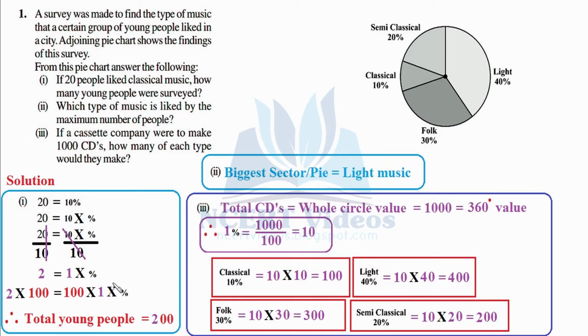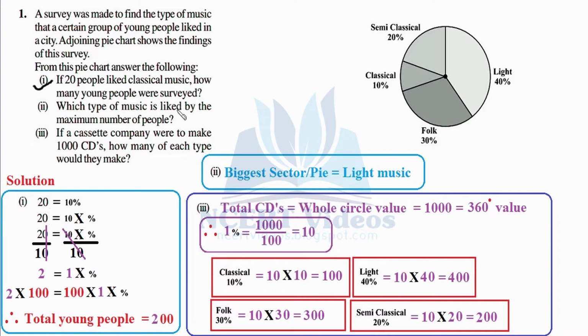You can avoid this multiplication; it simply means 1% is getting multiplied with 100, therefore it becomes 100%, whose value is 200. Therefore, the total young people that were surveyed were 200. It is very simple, we just elaborated in depth to make you understand better. With this, our first part has been solved.